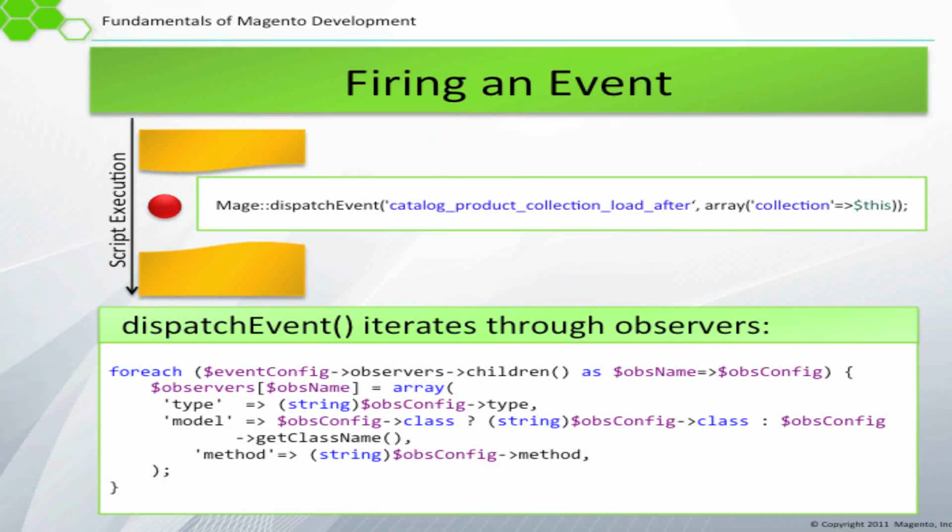But we look for the observers node, and then we find under the observers node just more XML that tells us about what we're doing and who's going to be doing it. Okay? So just know that if you really want to get at the internals, this one is very high up in the code. Again, just look in app/Mage.php for the dispatchEvent method.